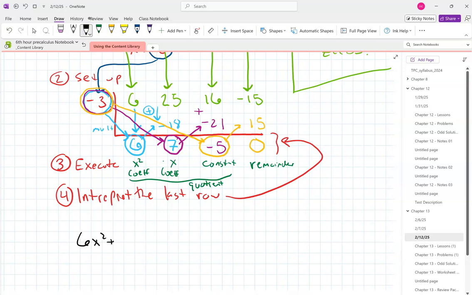So from this synthetic division problem that we just did, we did 6x cubed plus 25x squared plus 16x minus 15 divided by x plus 3. And we found that that is equal to 6x squared plus 7x minus 5.